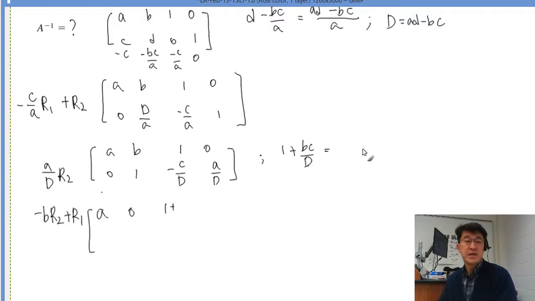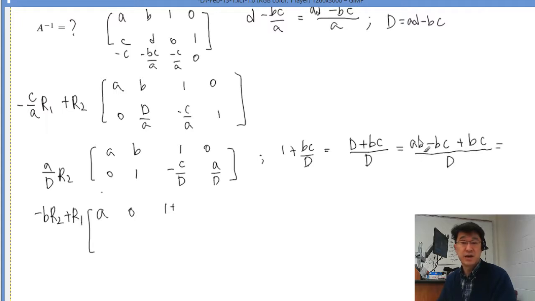So what is D? D was AD minus BC, and the plus BC in there, and that's AD. So it's AD divided by D. So that's what it is. Altogether, if you work that out, AD divided by D. Okay, so that's one, came from that one.